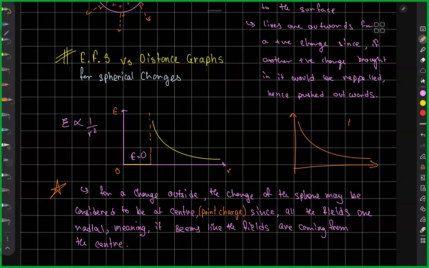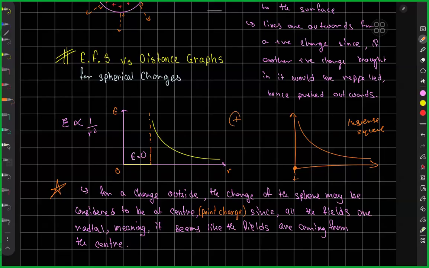An inverse square curve. Fair? And we consider the 0 to be the position of the point charge, the positive charge. As you move away, the field strength decreases.